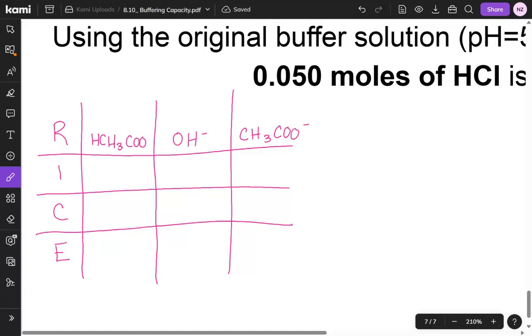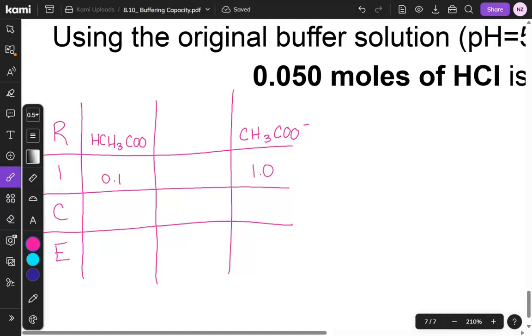Okay, plug in all of our initial concentrations. So we know our acid is 0.1, our conjugate is 1, and oh, wait a second, we're not adding NaOH this time. We're adding HCl. So HCl is going to give us H3O+. And we're using 0.05.